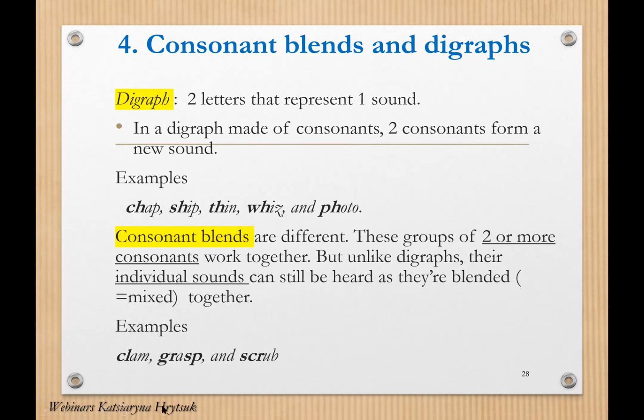Scrub: three consonants together, and we pronounce them one by one, s, k, r, ub. Okay, clear? So digraph: two consonants, new sound. Consonant blends: two or three consonants, but they need to be read individually without mixing them. So that is rule number 4.